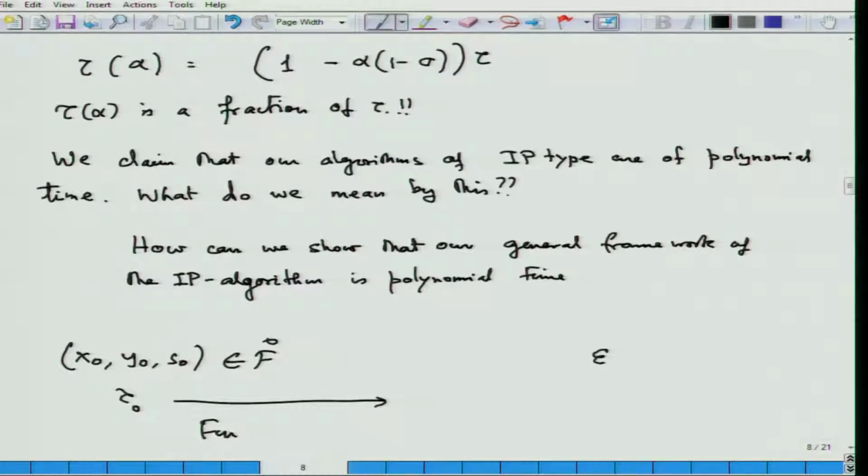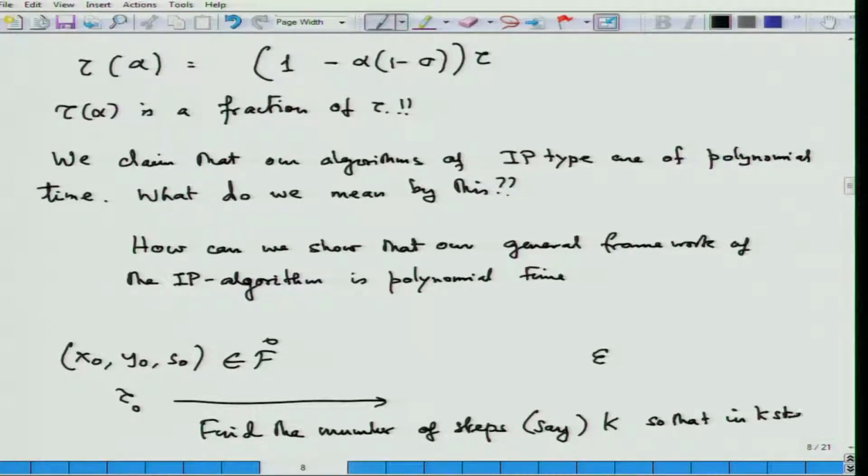Now, find the number of steps, say k, so that in k steps we have tau is less than epsilon, this is just tau.